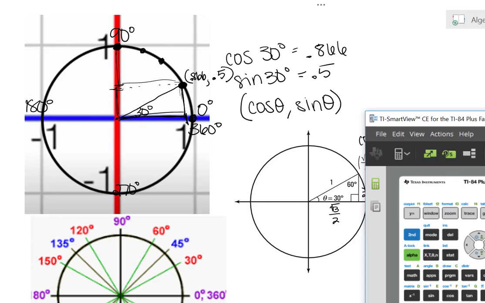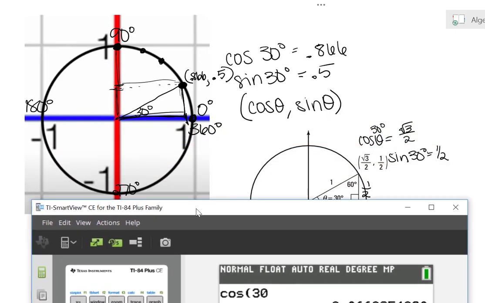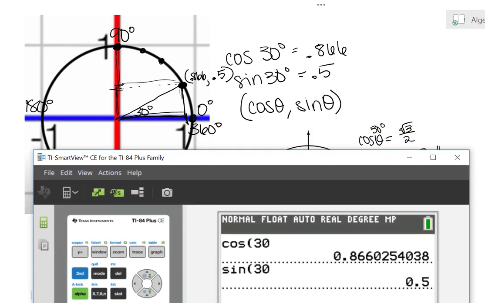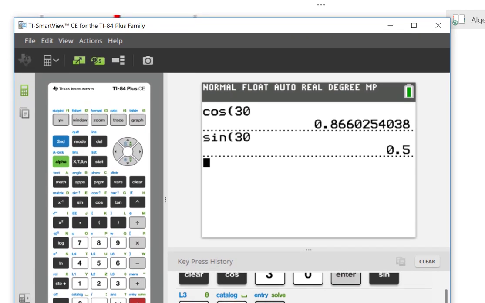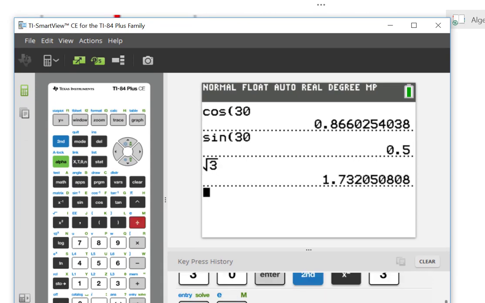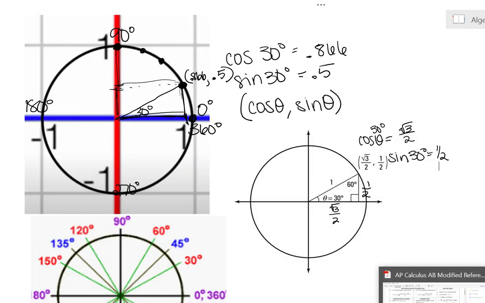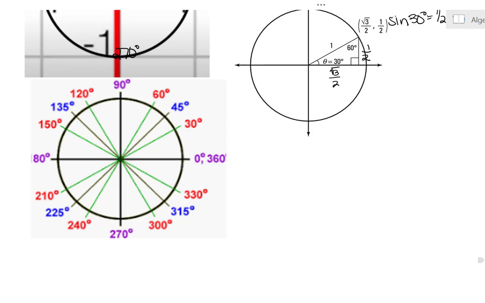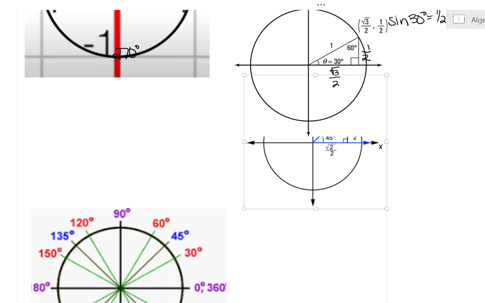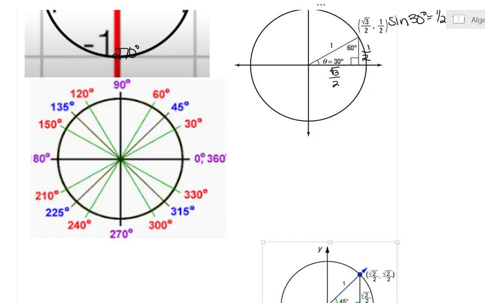Now let's check that against some calculations really quickly. So I know that cosine of 30 is 0.866, but I'm also saying it's square root 3 over 2. If I check that, I get the exact same value. Same thing with my other angles, just to know where those are coming from. You have your 30, 60, 90 reference triangles.